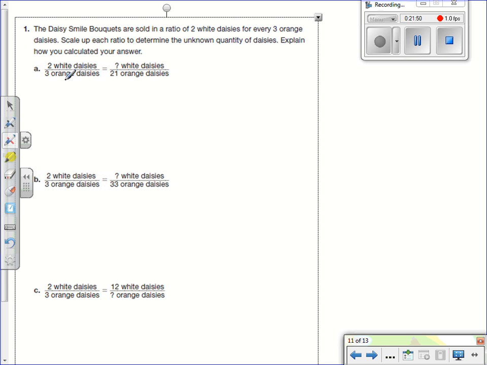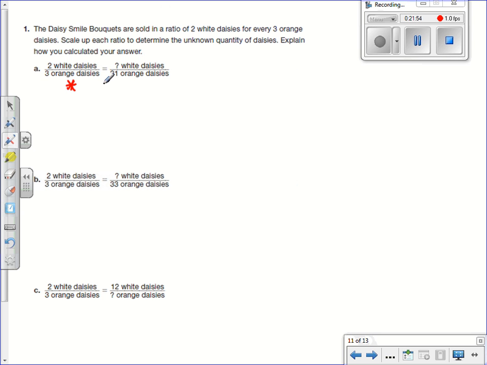So in order to figure this out, I would have to say 3 times what gives me 21? Well, I'm hoping you're thinking to yourself that it's obviously 7. 3 times 7 is 21. So whatever I did to my denominators here, I need to do to my numerators. So I would have to take 2, multiply it by 7 as well to give me my unknown number here.